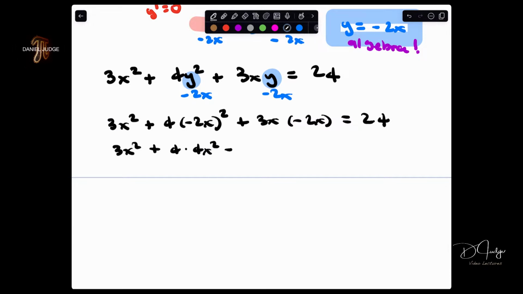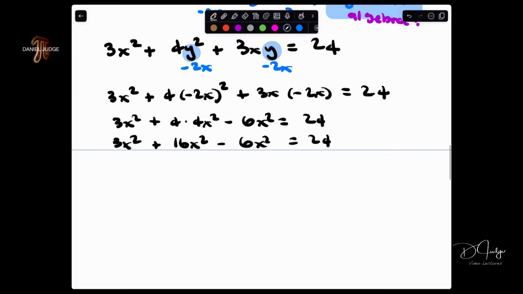This is going to be a minus 6x squared equals 24. And you end up with 3x squared plus 16x squared minus 6x squared equals 24. So this is 19x squared minus 6x squared, so 19 minus 6 looks like it's 13x squared equals 24.